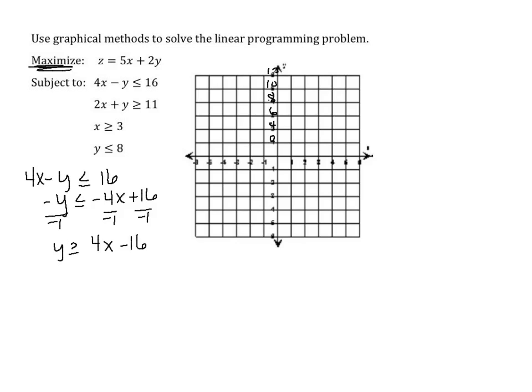So to graph, we're going to start at negative 16, keeping in mind we're going by 2's. 14, 16.